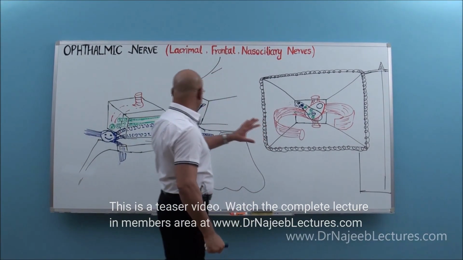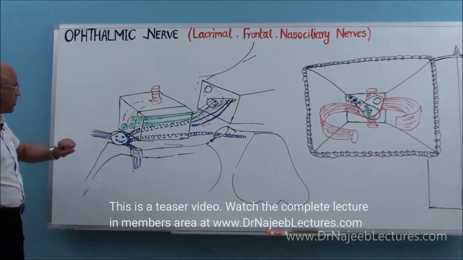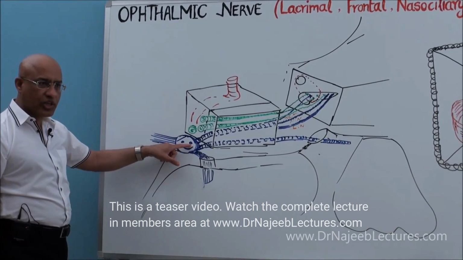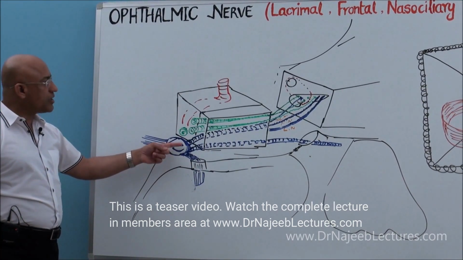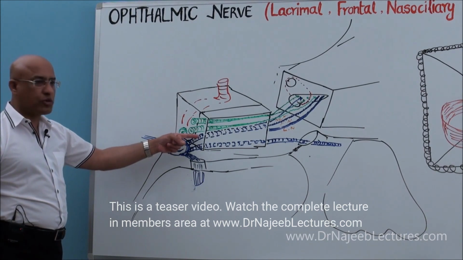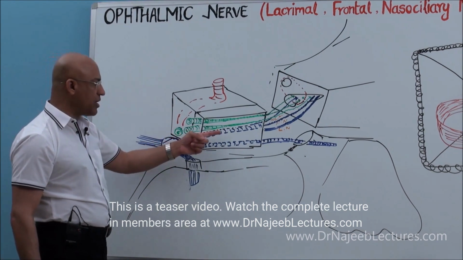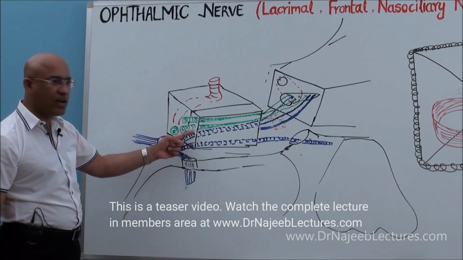Today's lecture is, I will recap all the structures that I have discussed up to now. Basically, the ophthalmic nerve is one of the branches taking origin from the trigeminal ganglion, right? It originates from the ganglion and enters into the lateral wall of the cavernous sinus, right? Where it moves forward, it is below the third and fourth cranial nerves and above the maxillary nerve.